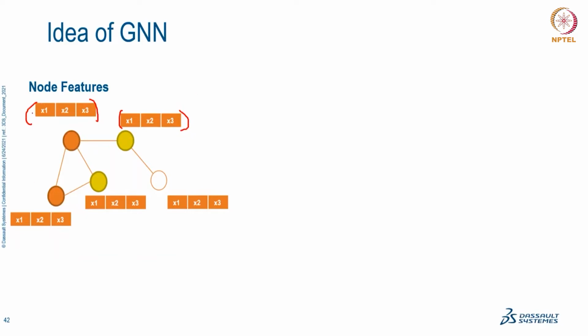So these are basically the node features that are there, and what we want to do is basically pass them to a black box. Currently, GNN is a black box, and we want to embed this particular feature vector into some low dimensional space.